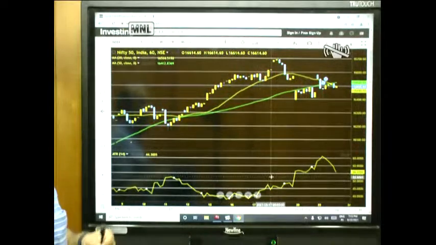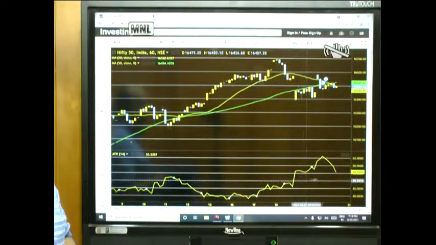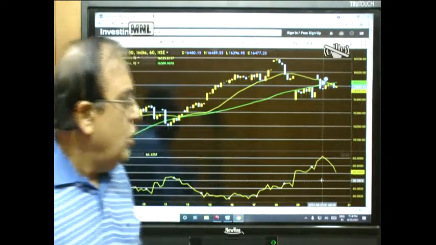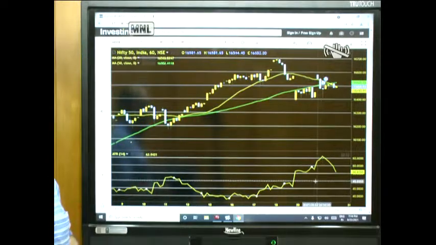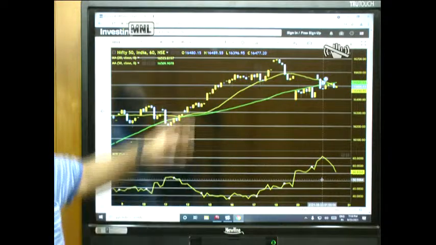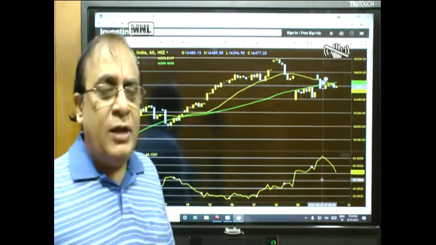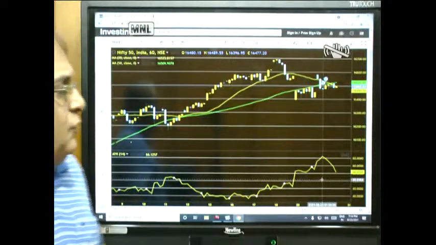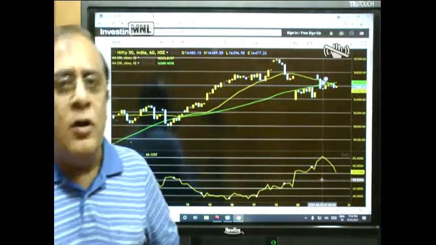See, this is the average true range. The average range for Nifty generally is around 45, 50 points, and this is itself a little high, showing 65, 66 points in the last 10 hours or so. But here, the stop loss is coming much more than that. See, it comes to 93 points. If that be the case, we should think whether we should go ahead with the trade or not.